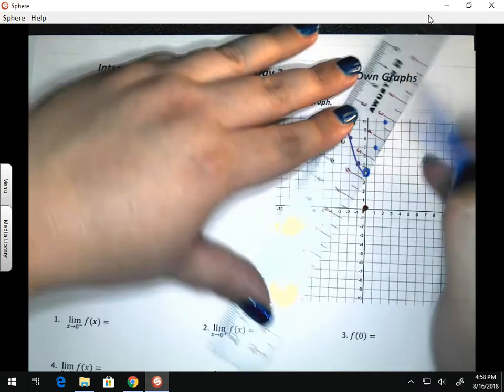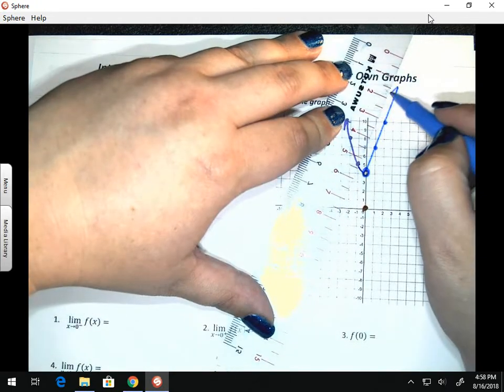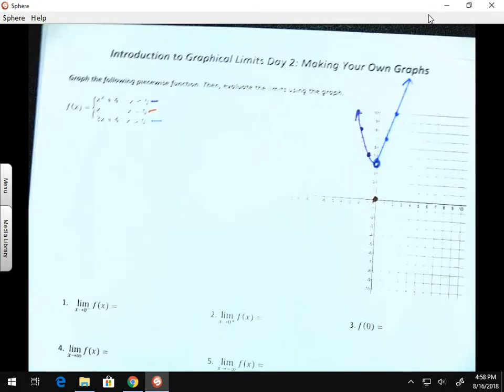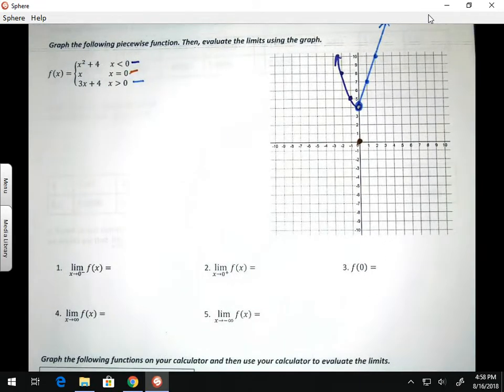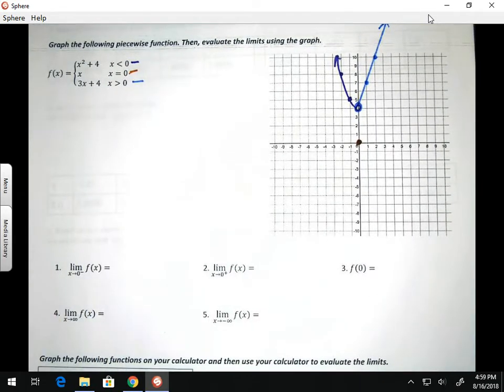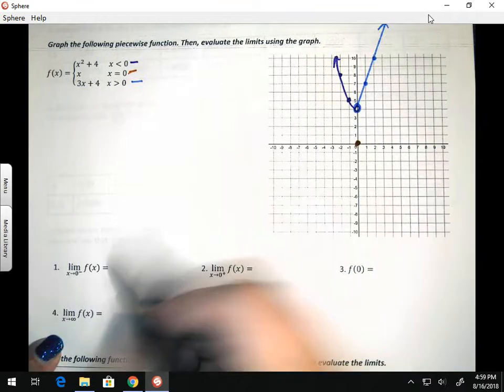And now that we have a piecewise function of our own, we can start looking at evaluating the limits that are down below. So if we're looking for the limit as x approaches 0 from the left, then we are looking at the purple parabola. And as x is getting closer and closer to 0 from the left, we're approaching the value 4.